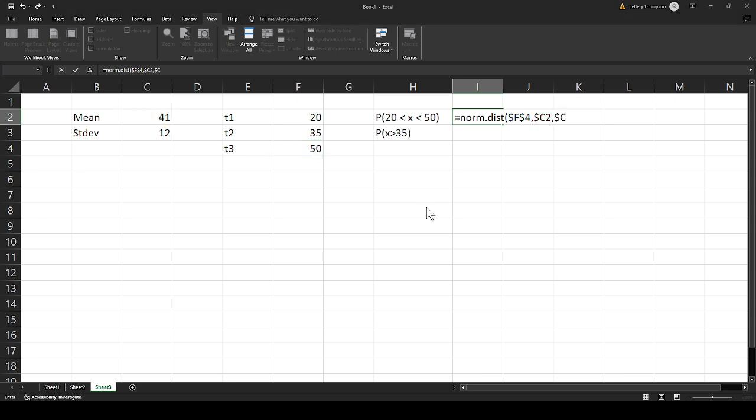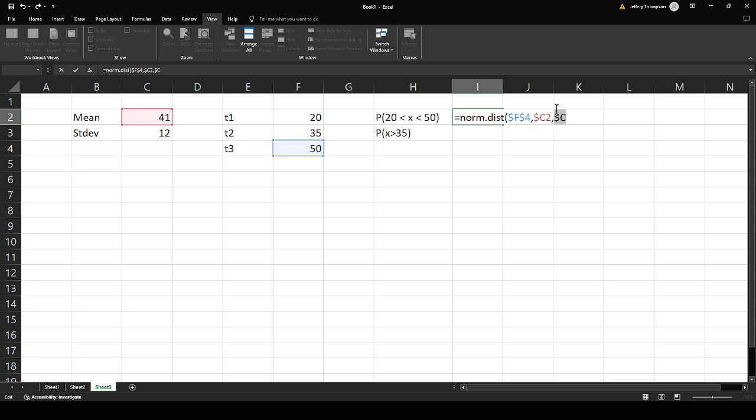Now the reason I'm using references here to cells is so that if any of our data changes, these values will change for us. Let's see, C3, C2.